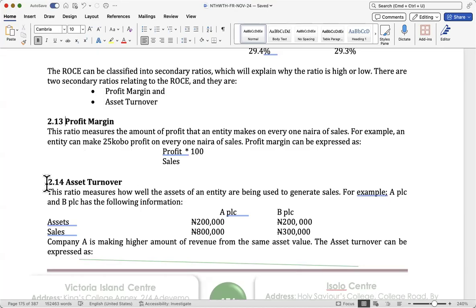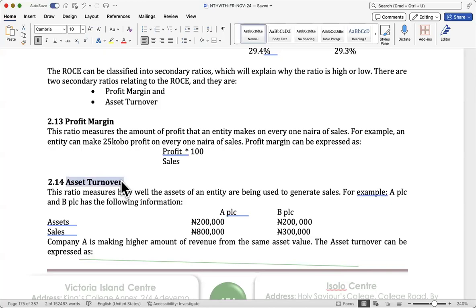Another profitability ratio is asset turnover. From the name, asset turnover is looking at how well or how efficiently an entity is able to use its assets to generate sales.